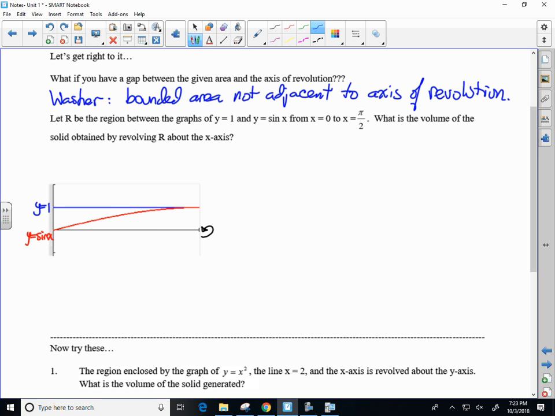All right, so how do we handle this? We're going to do two disk methods and then subtract. So we're going to do a disk for the outer function and then from that we'll subtract a disk for the inner function.